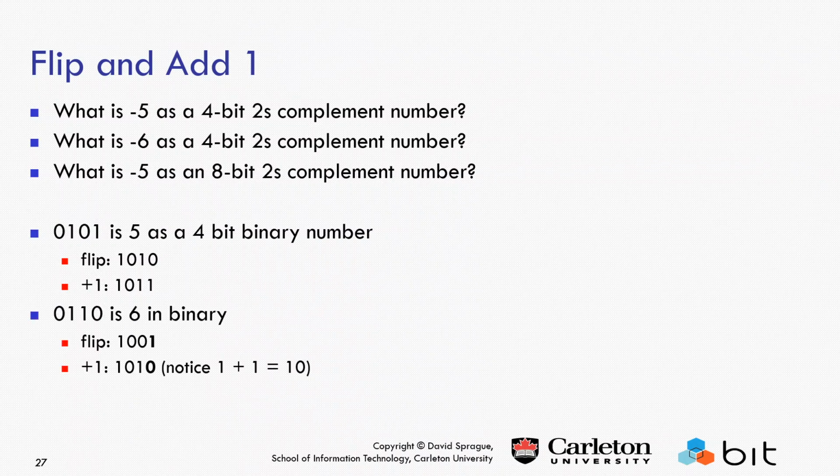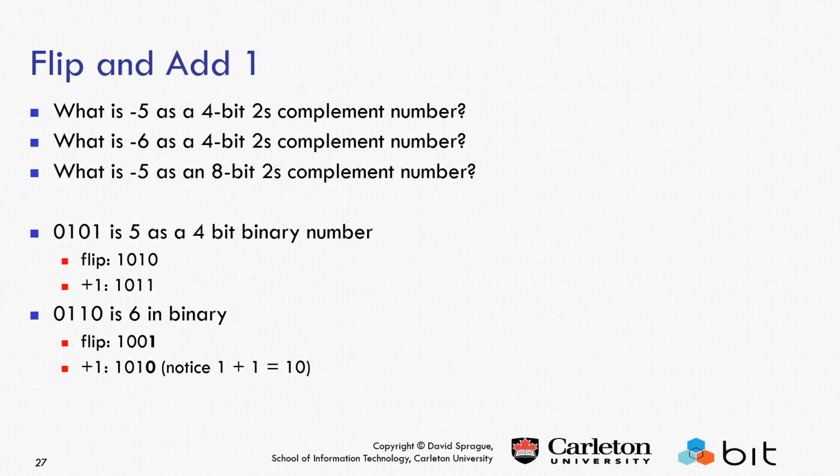All right. Here is 6. It's 0110 as a binary number. I flip everything. I get 1001. I add 1. Notice if I add 1, this 1 plus 1, I cascade over to the next one. After I add 1 to this, I have to move the bit over, and I get a 1010.